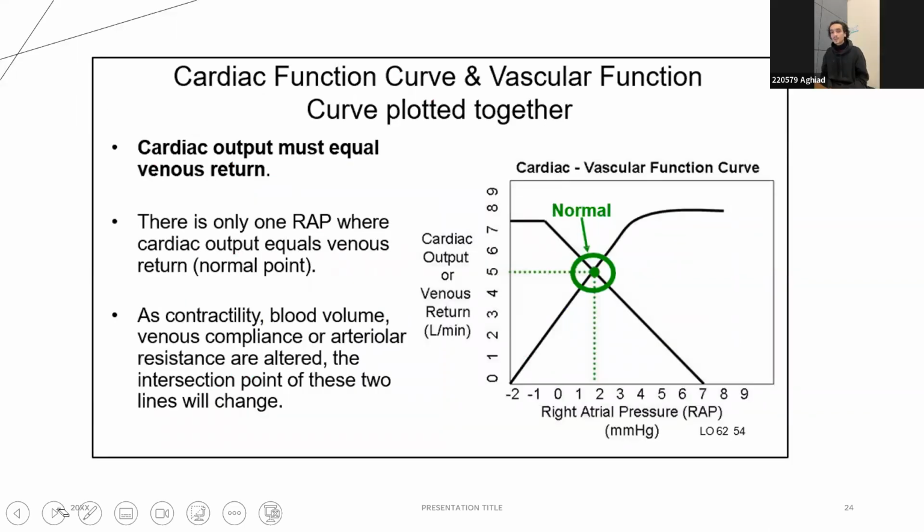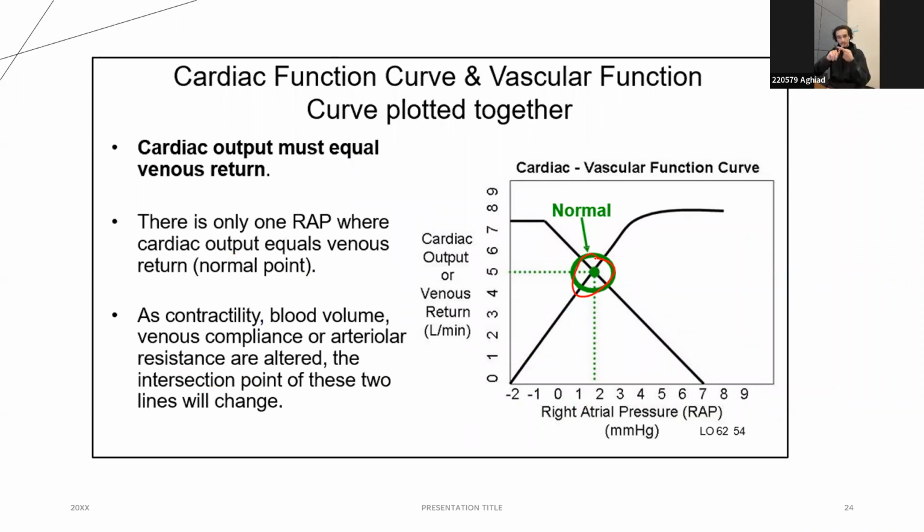All right, so cardiac output must equal venous return, because as we just said, the blood that is returning to the heart is the same blood that is being pumped out of the heart and distributed to the body. So there's only one right atrial pressure where cardiac output equals venous return. That's the normal point, because the graphs aren't parallel, so they can't intersect at many points.